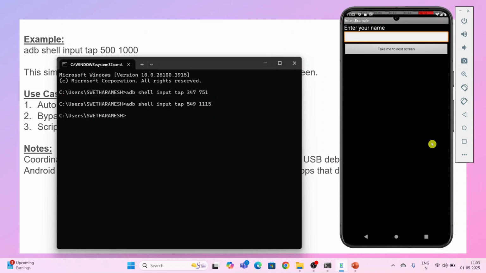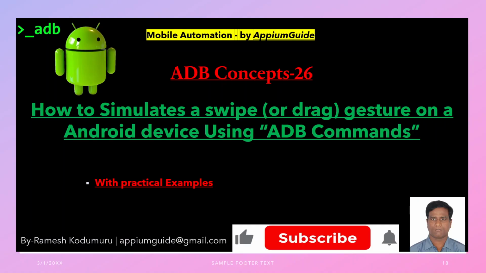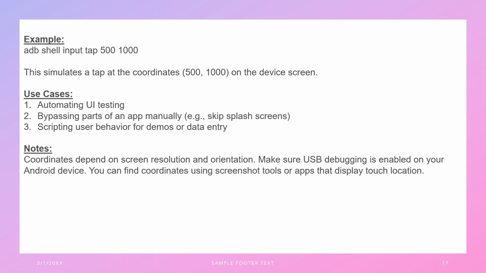It will work only for Android, and it works for the simulator and also for a real device. If you see here, the use cases for this command are automating UI testing, bypassing parts of the app manually, that is skipping splash screens, and scripting user behavior for demos and data entry.